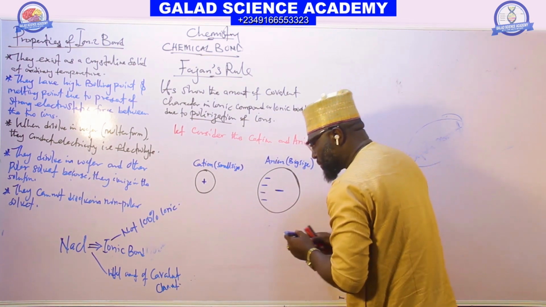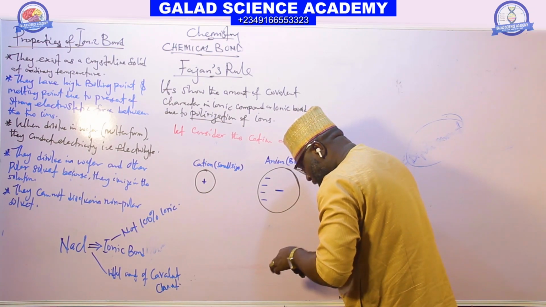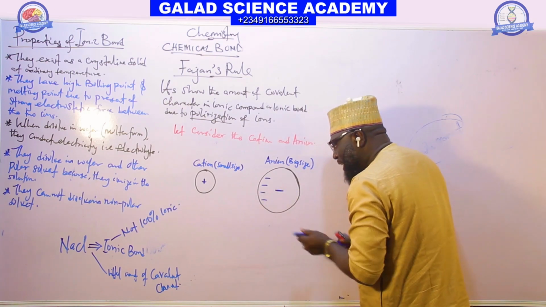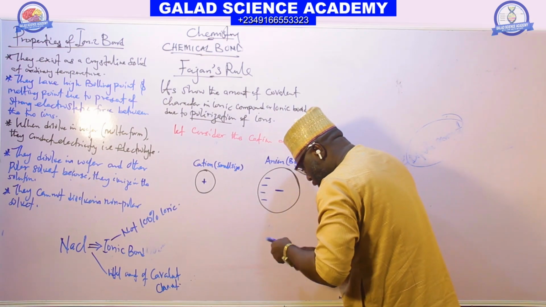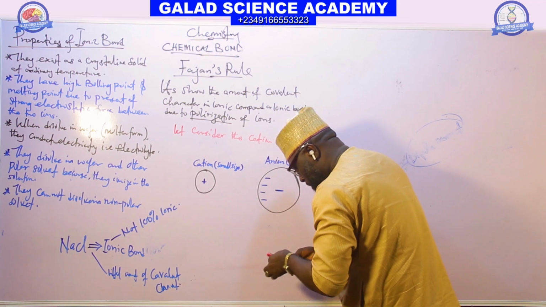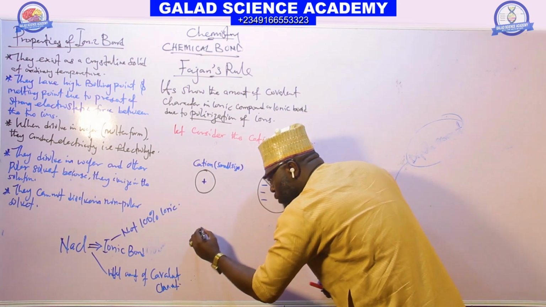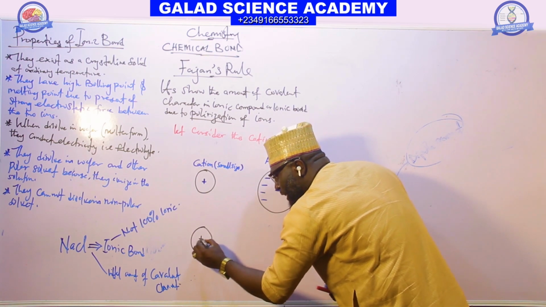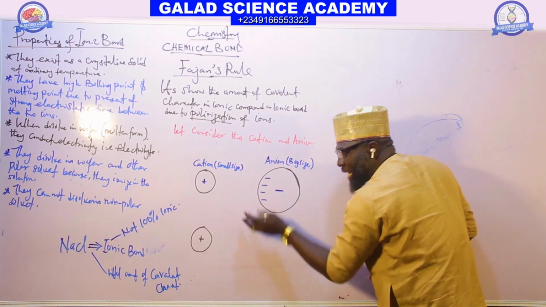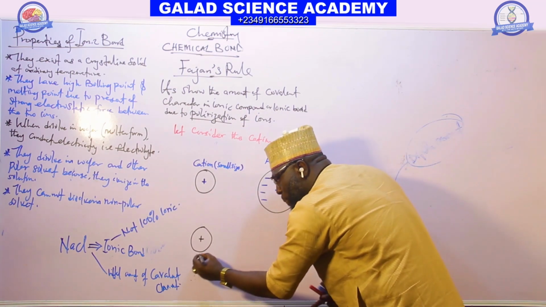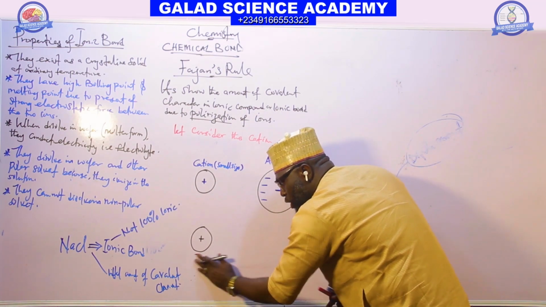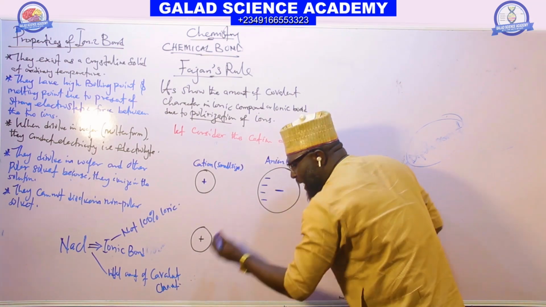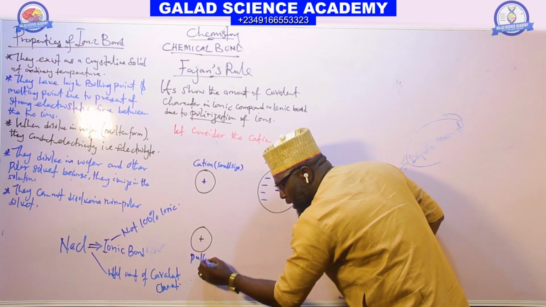As a result, when the electron cloud is moved toward this side, the cation will be pulling the electron toward itself.